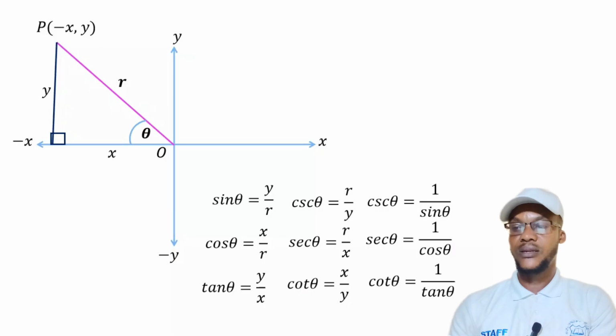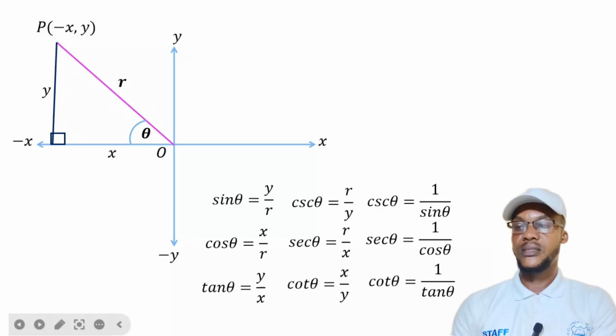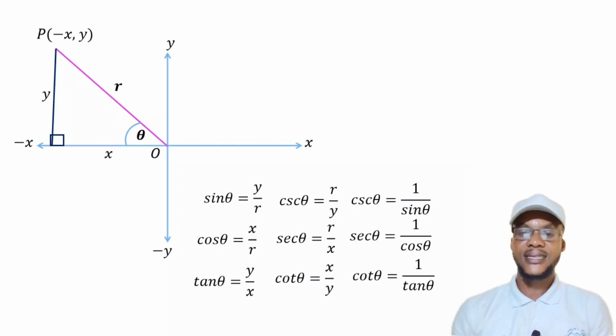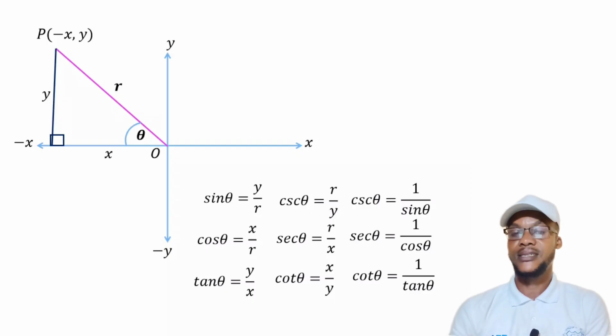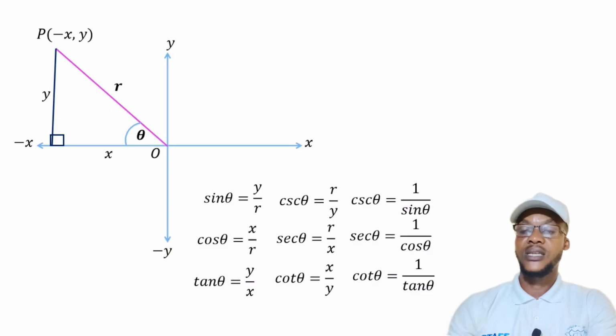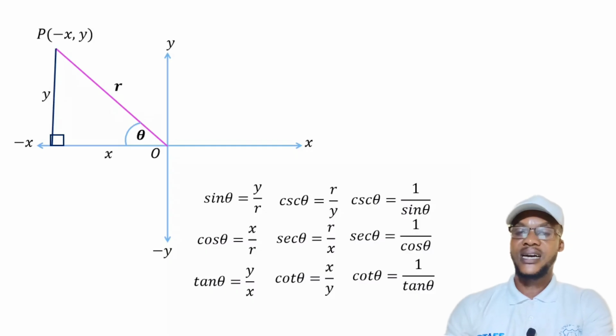Think about that one. Okay. All right. Good. So in that quadrant, we know that the sine is positive. This suggests that the sine and its reciprocal will be positive. Then the rest will be negative. So since we've already done this, we just choose those that are negative and those that are positive.